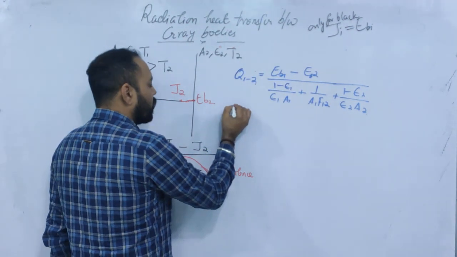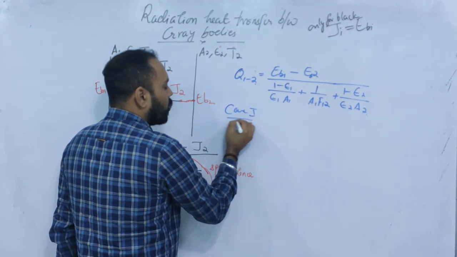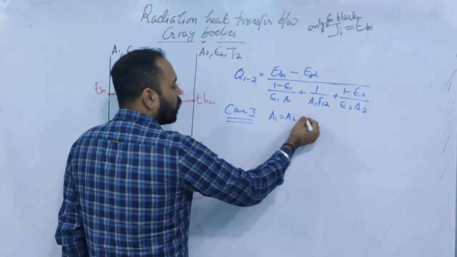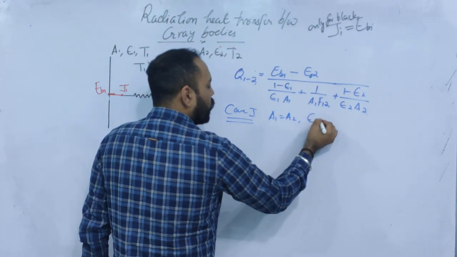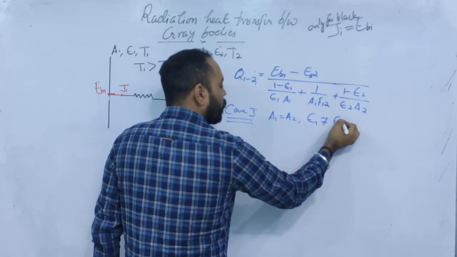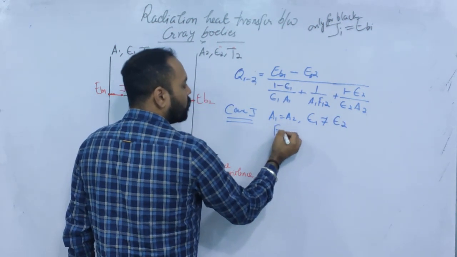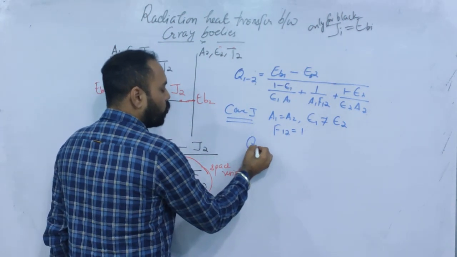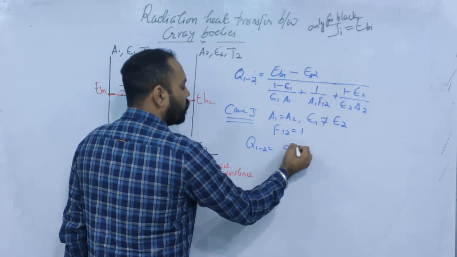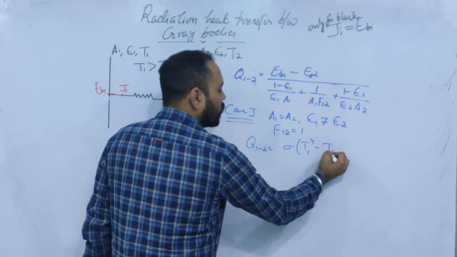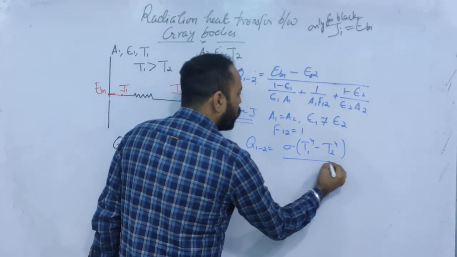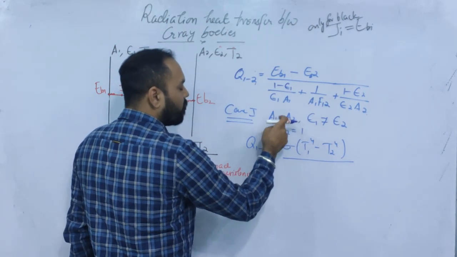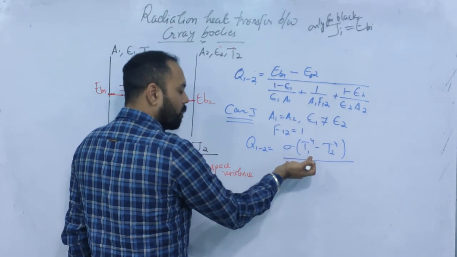Suppose, what is case 1? Case 1 is A1 equal to A2, epsilon 1 and epsilon 2 are not the same, and the view factor is equal to 1. Then what is the expression? Q12 becomes equal to sigma times T1 to the fourth minus T2 to the fourth, and all the areas are the same, so either you write A1 or A2.